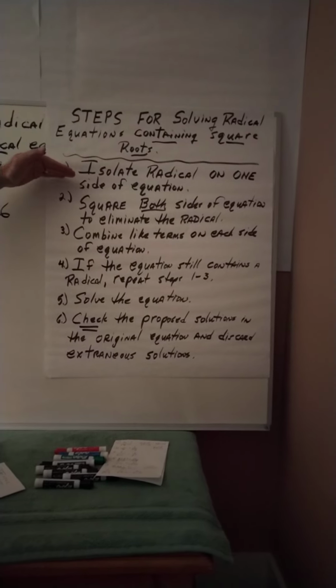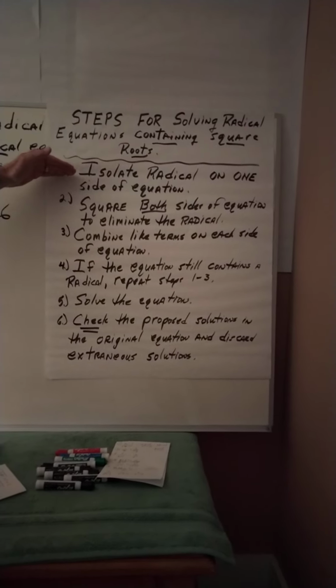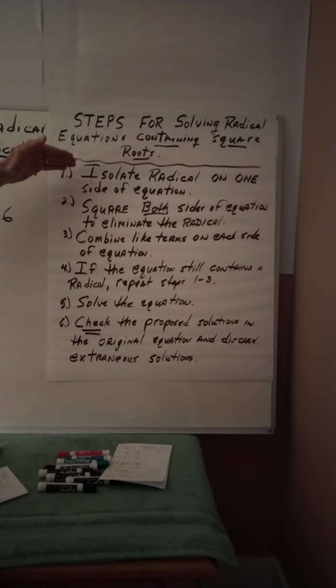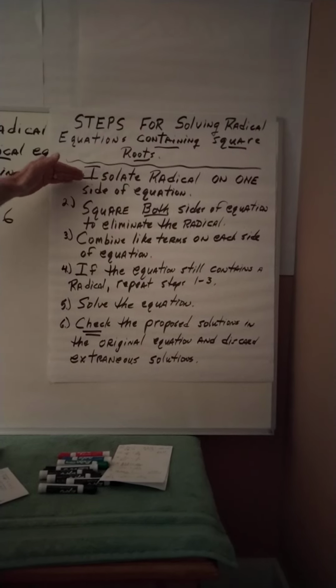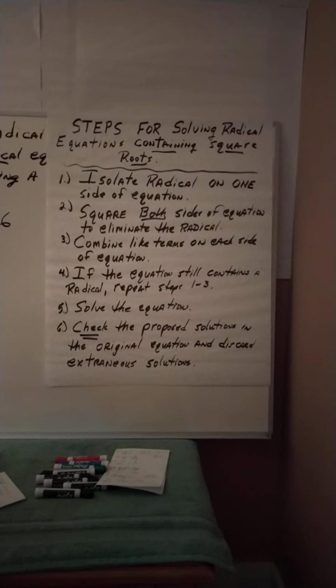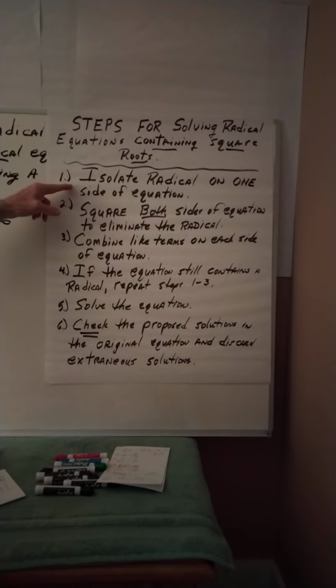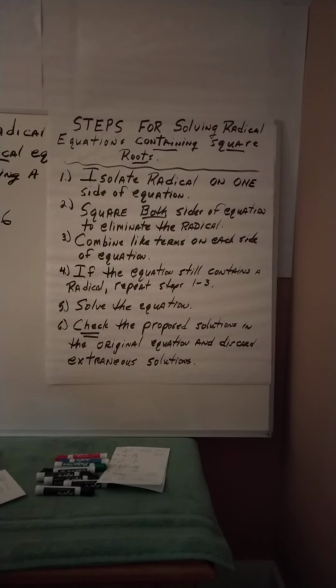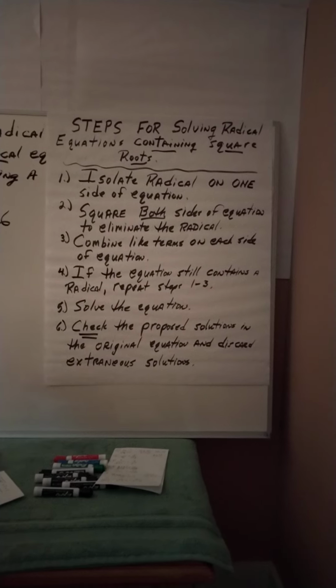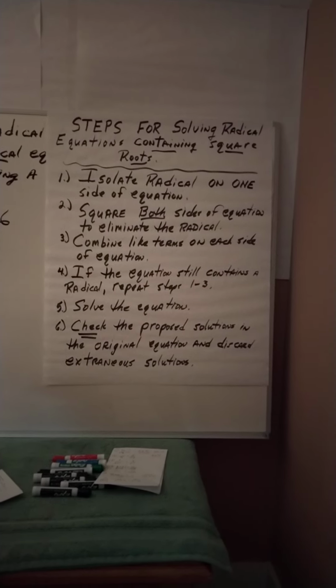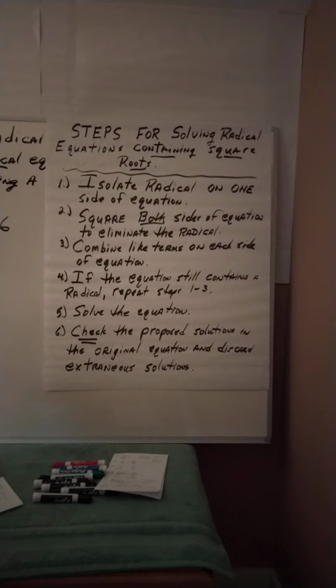But I want to insert a statement here on number 1, and I want to make sure that you make a note of it. There's also a rule when solving radical equations that you cannot have more than one radical on a given side.